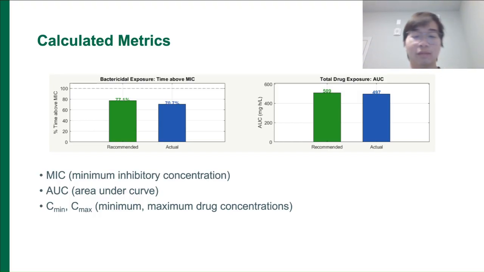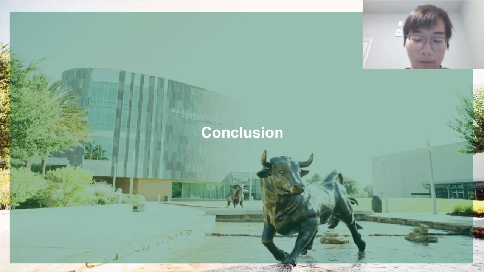And there are also minimum and maximum drug concentrations, which show just how erratic the body receives those drugs over that 7-day course.